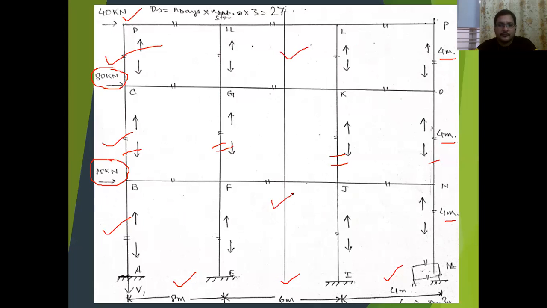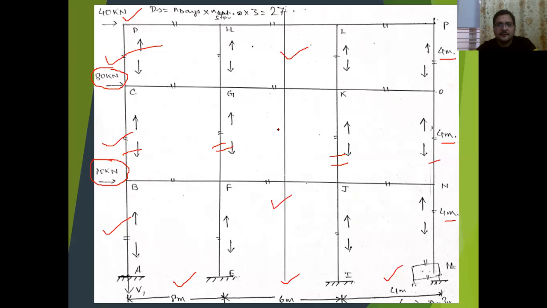If you see this line, it is a line drawn by pencil, and we don't know its distance yet. Mind it, this is the line of the CG of all the column areas, acting at some distance, more or less at the midsection of the whole frame.